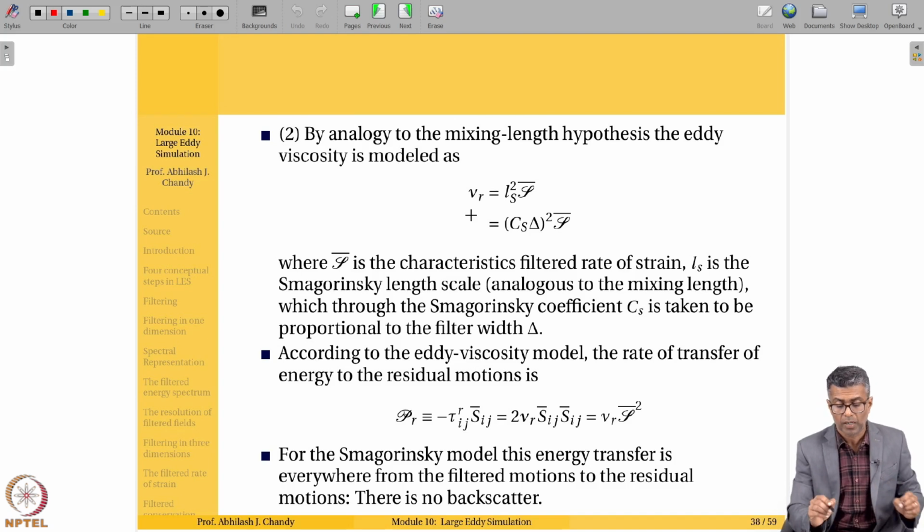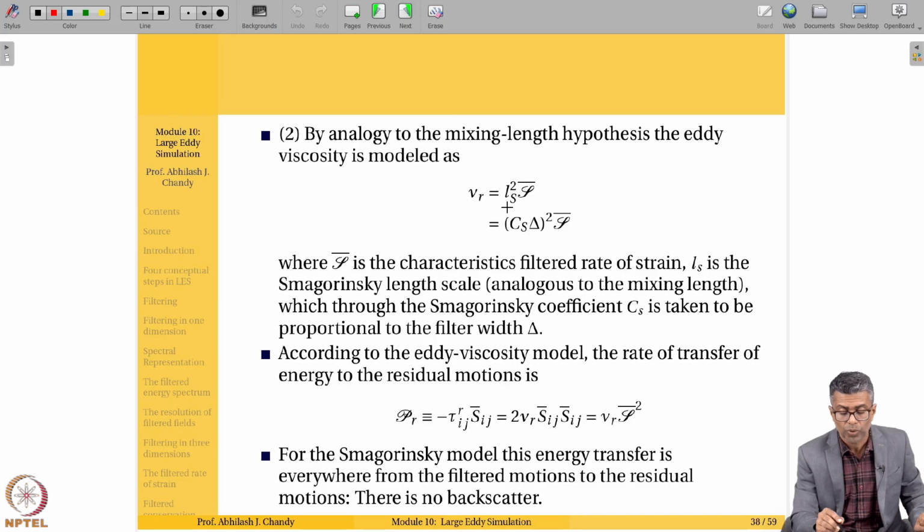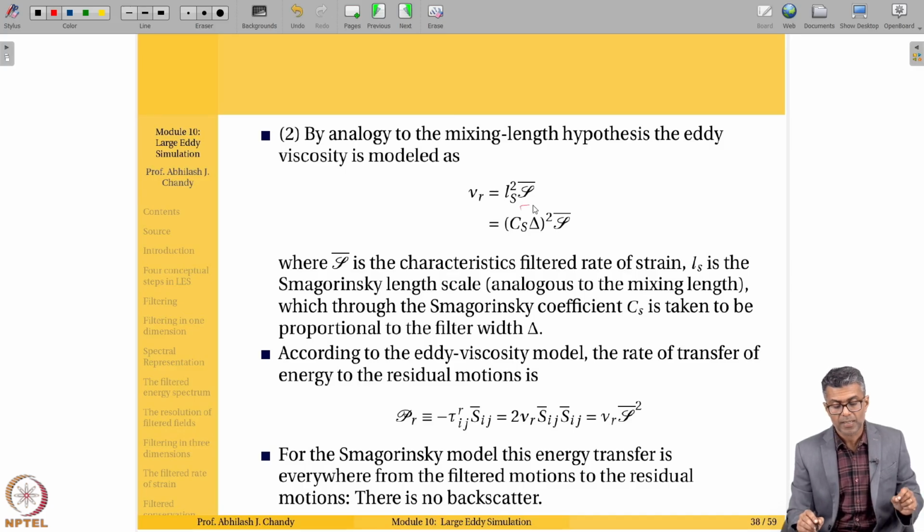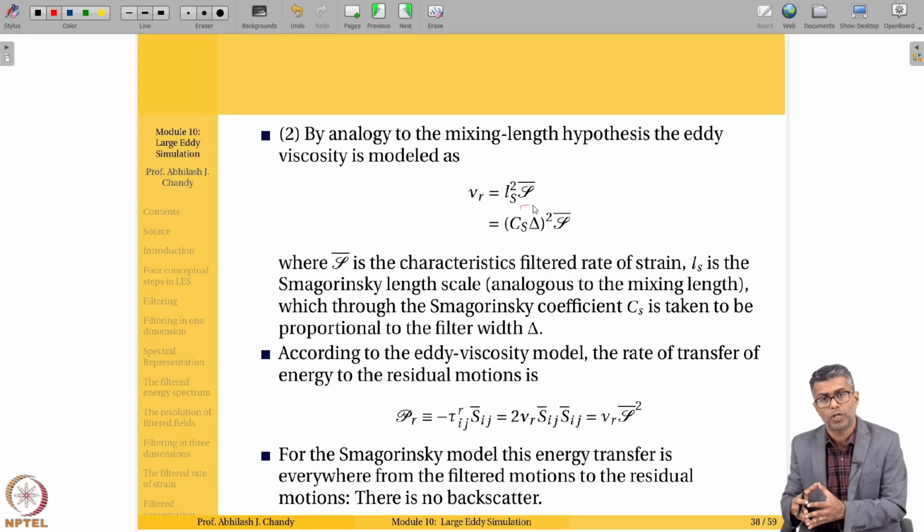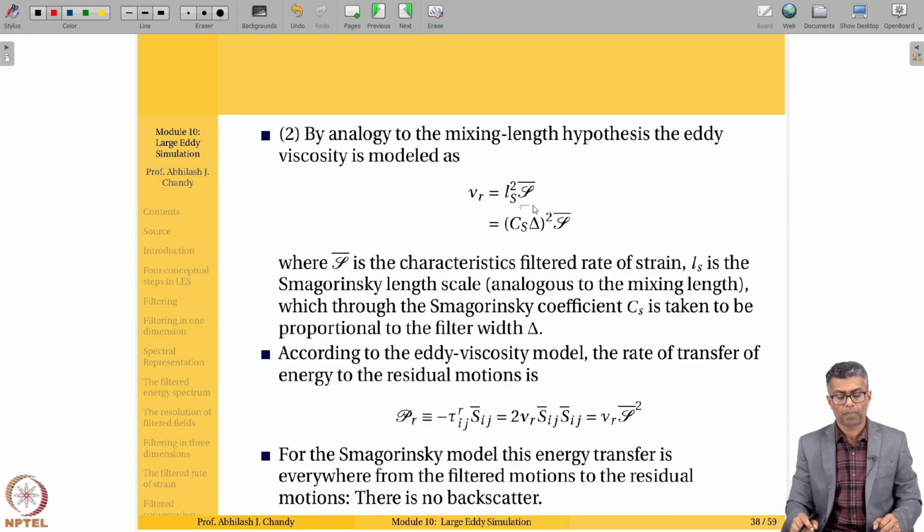length hypothesis here, where we are equating it to the square of a mixing length, which we call Ls, squared, times the characteristic rate of strain, S bar, isn't it? And this mixing length, we are saying is proportional to the filter width.